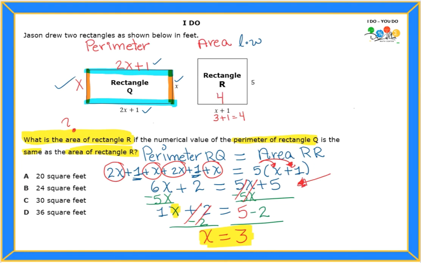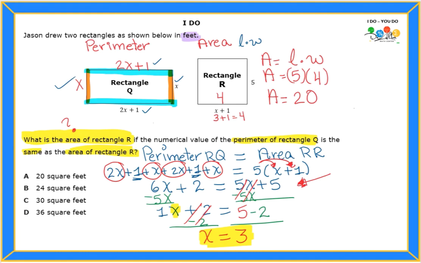So now I know that this side is a 4. And that's the only thing that I'm looking for. I'm looking for area, which is length times width. So area is going to be length, whichever one you want, and the width is 4 for me. And this will give me a what? 20. Now, what kind of measurements am I using for this one? I'm using feet up here, right?